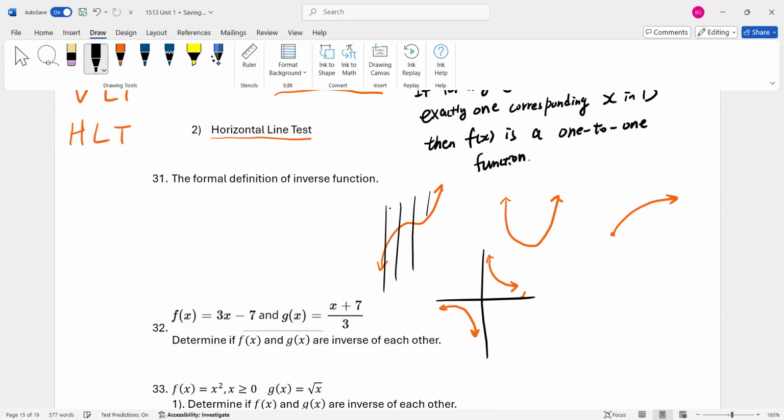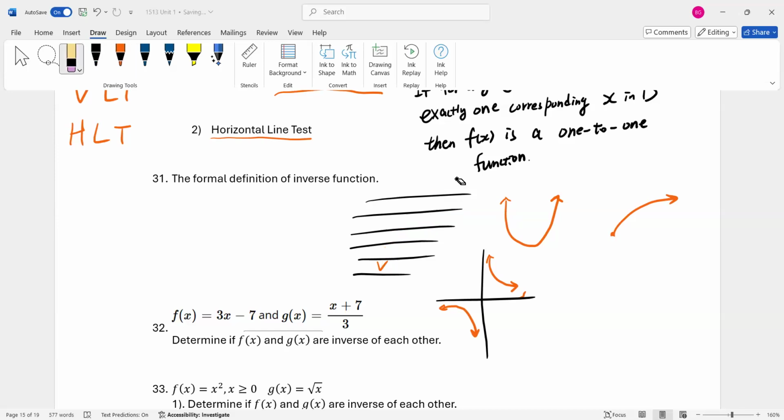Let's see this one. This one passes the vertical line test, and so it is a function. It is a cubing function, we know that. Does the function also pass the horizontal line test? Do we have a horizontal line crossing the graph more than once? If so, it means my graph is not very accurate.